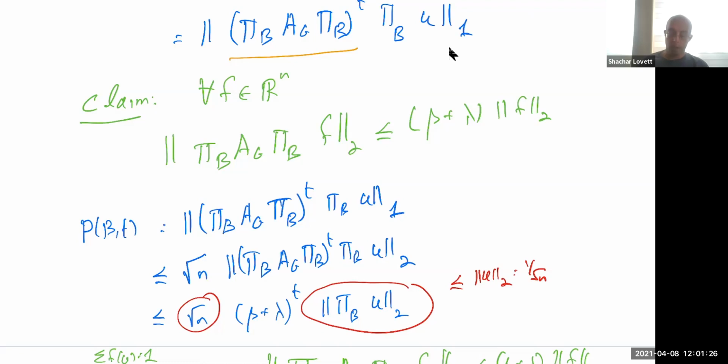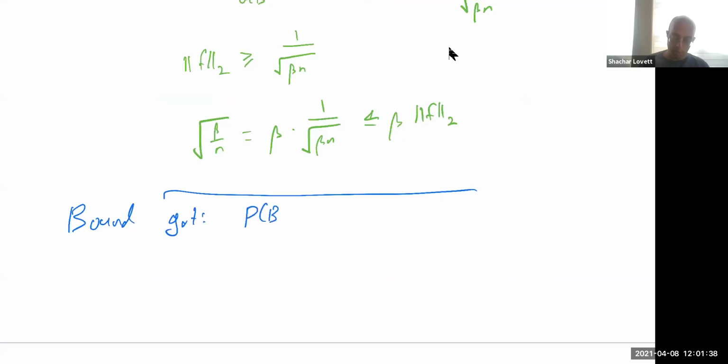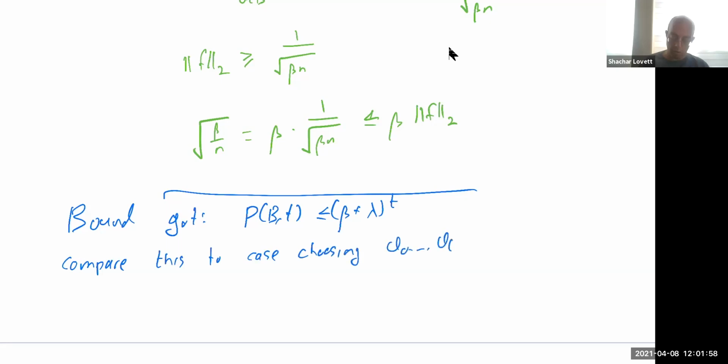Okay. So let me make a couple of claims on this theorem. The bound that we got was that this probability is at most beta plus lambda to the t, and we compare this to the case of choosing v0 to vt completely random uniformly, which gives beta to the t plus 1.